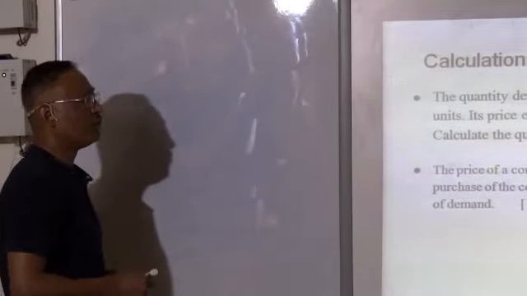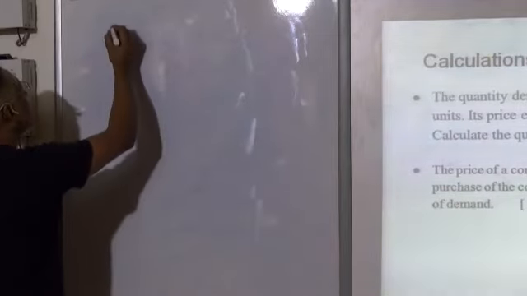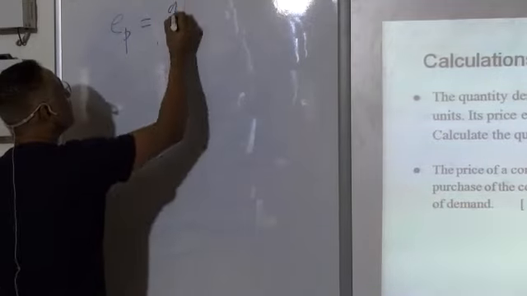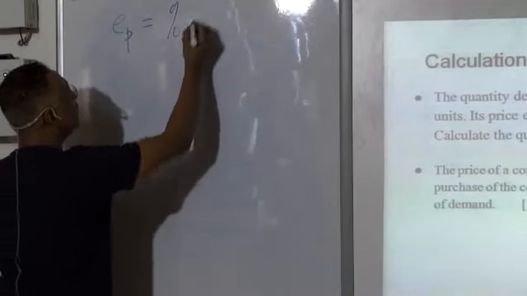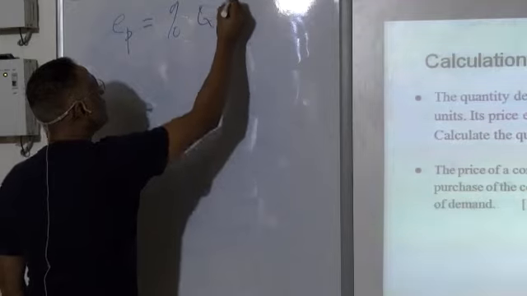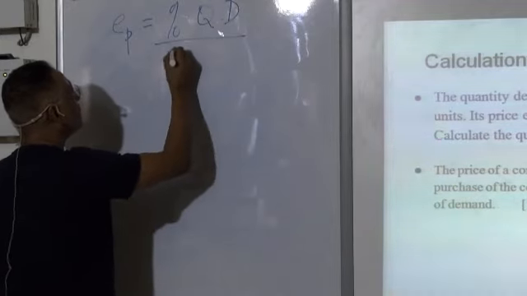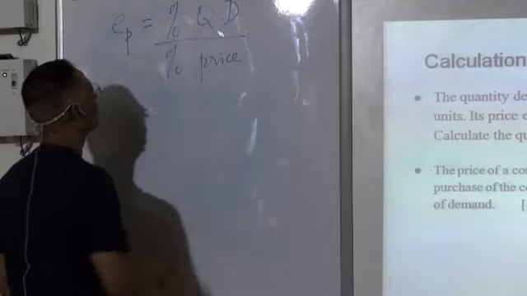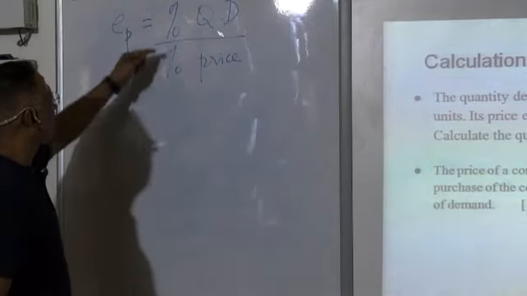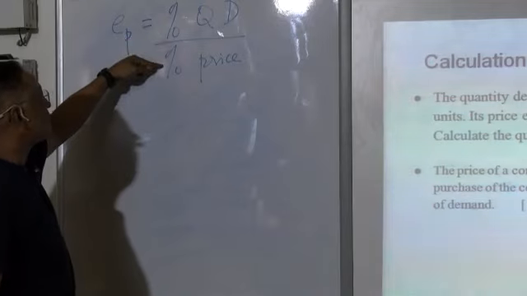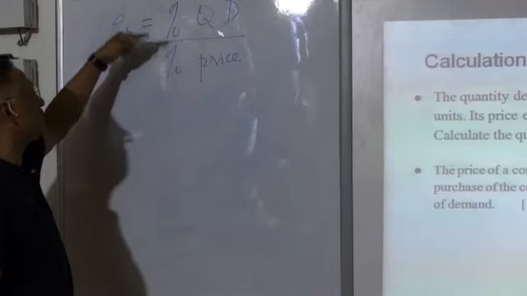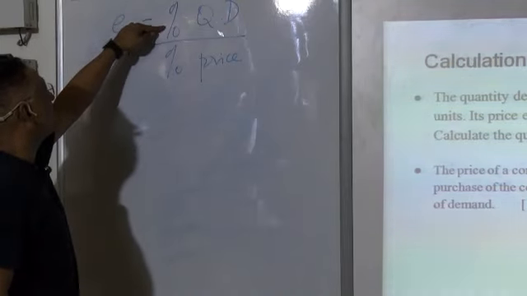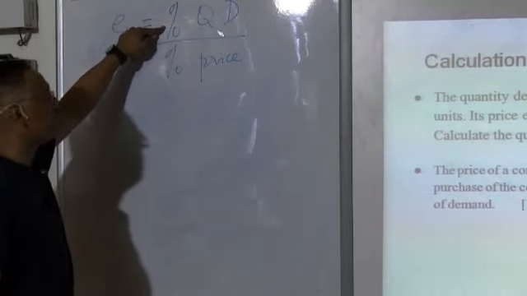The first very simple formula is the price elasticity of demand is equal to percentage change in the quantity demanded upon percentage change in the price. That means to say that if, let's say, the price of a good increases by 10%, then the quantity may decrease by, say, 5%.